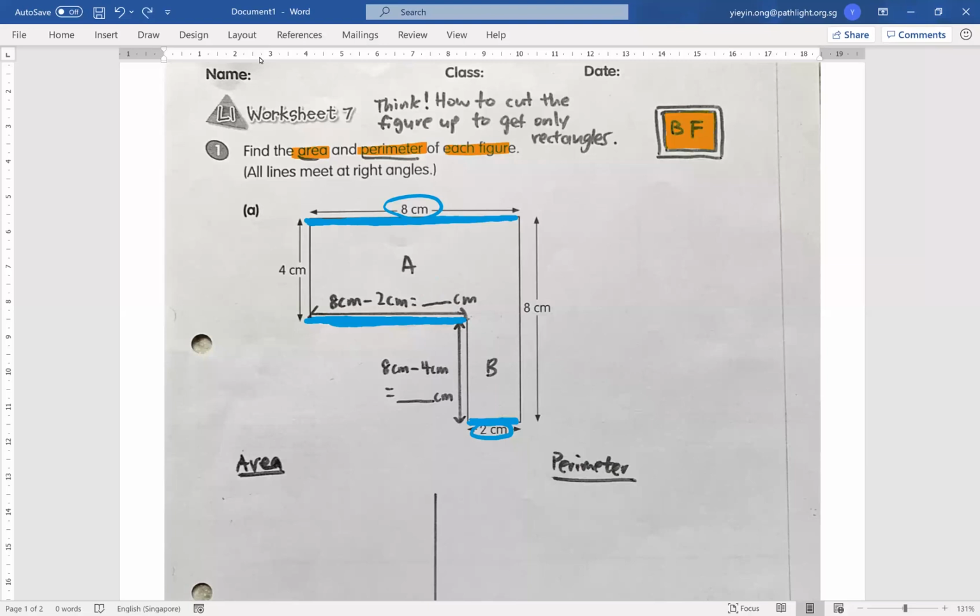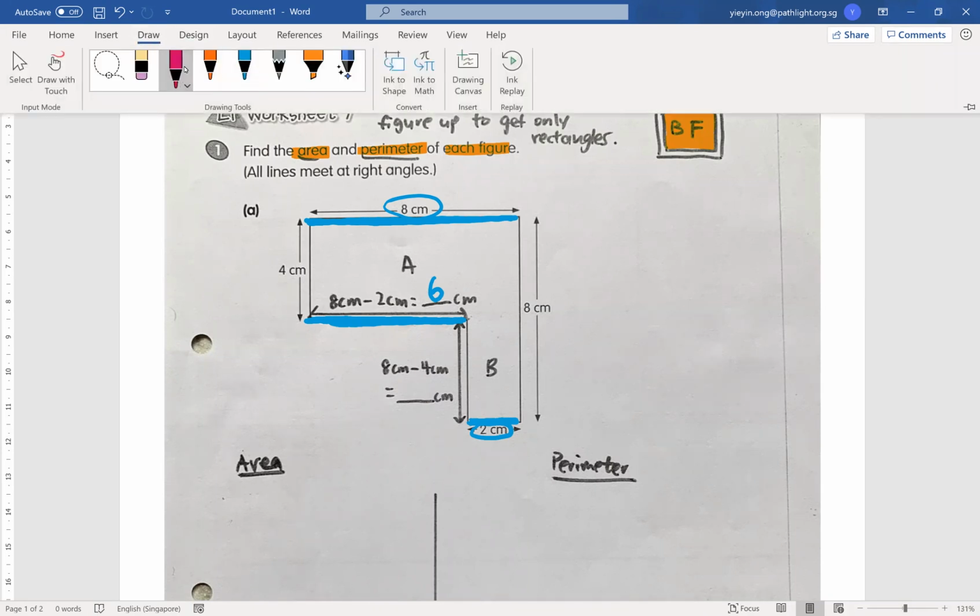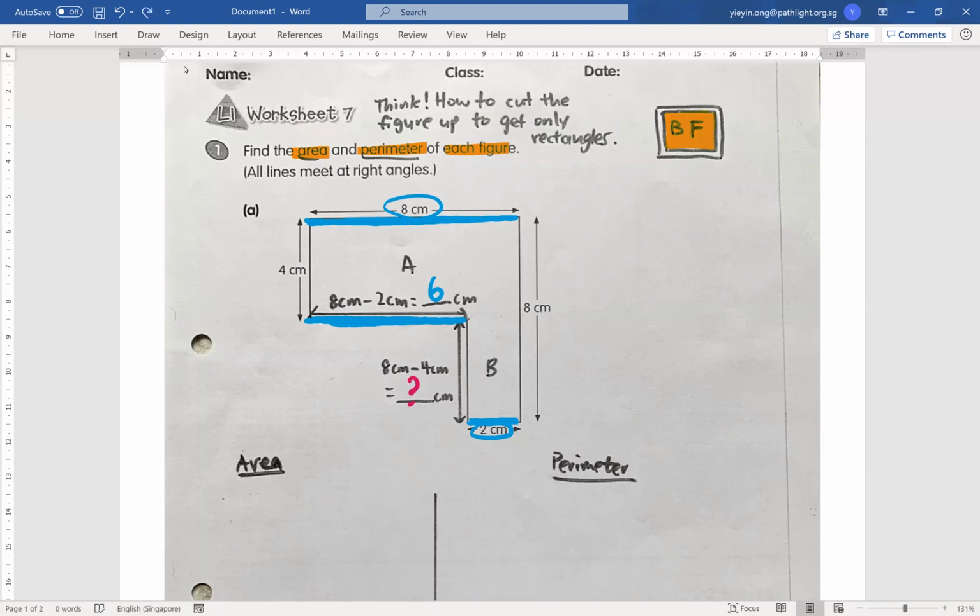6 centimeters. Next, for the other unknown that I need to find over here, I will highlight this unknown part in pink. This unknown part plus 4 centimeters will give me 8 centimeters on the right, this whole side.